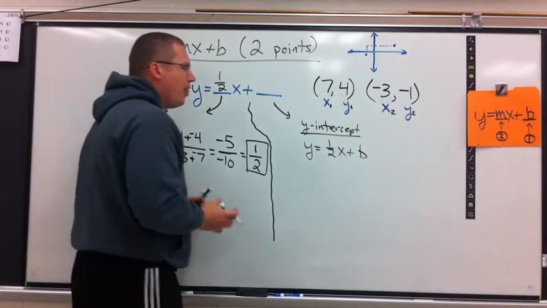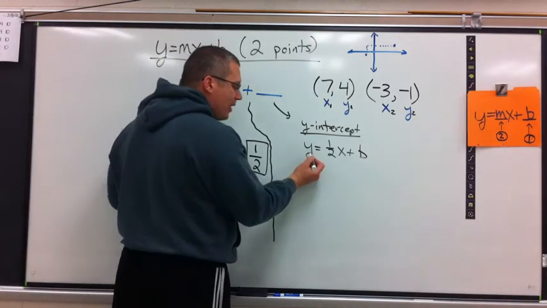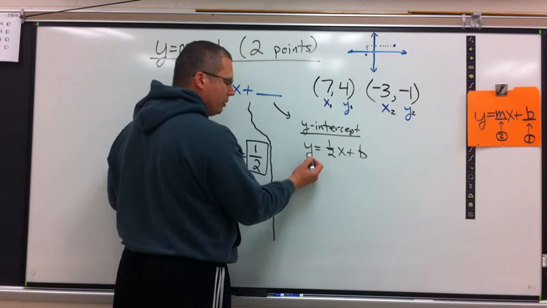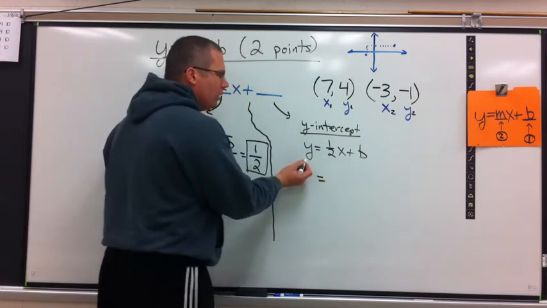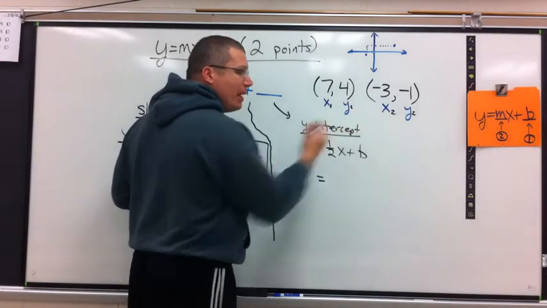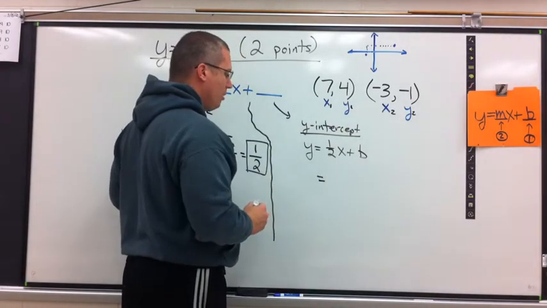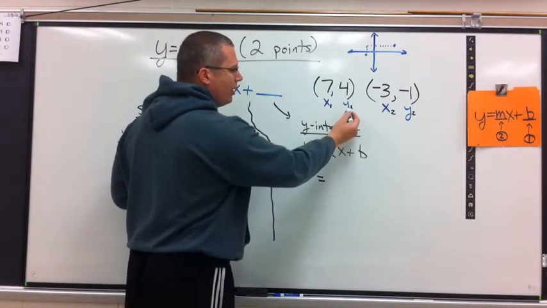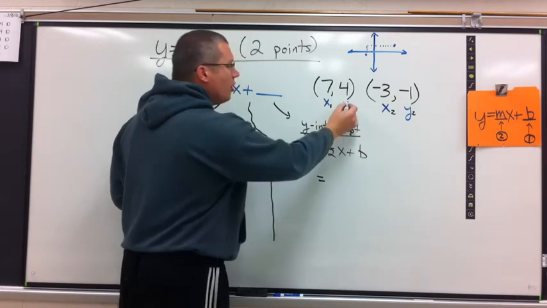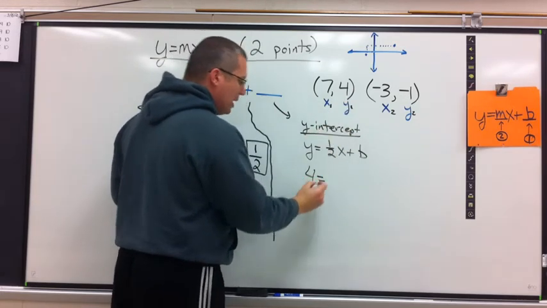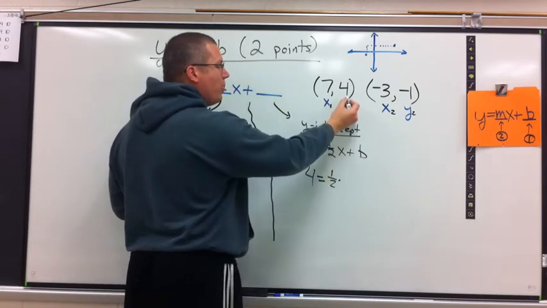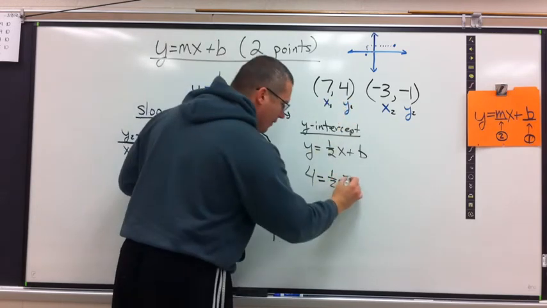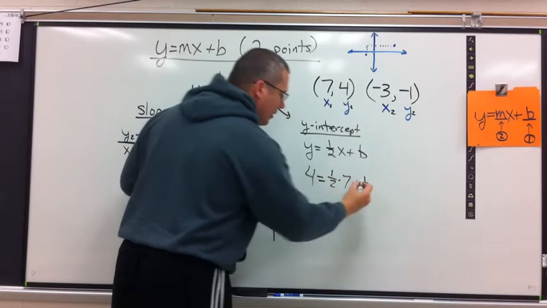Let's substitute in things we know. I need something that y is equal to, and it doesn't say which y, I just need one of them. I don't care which one you pick. What seems easier? Probably this one because it's positive. So y is 4 equals 1/2 times, what is the x number that went with that y? 7, plus b.